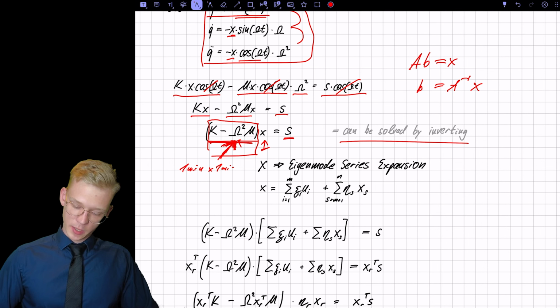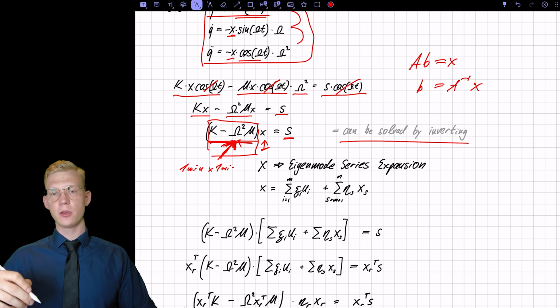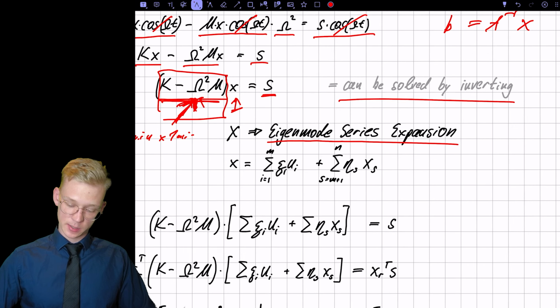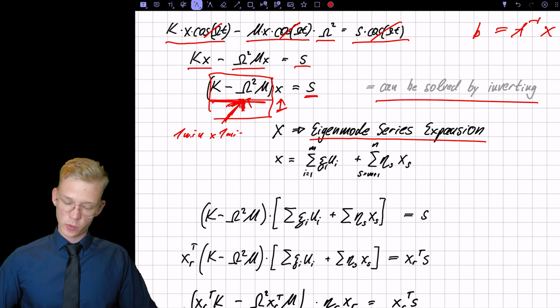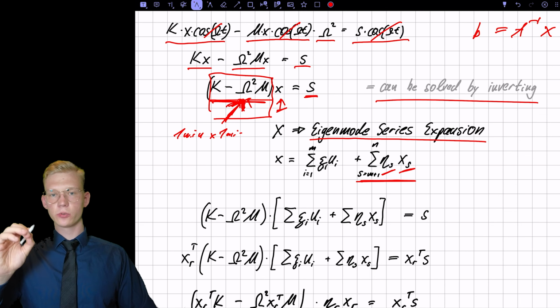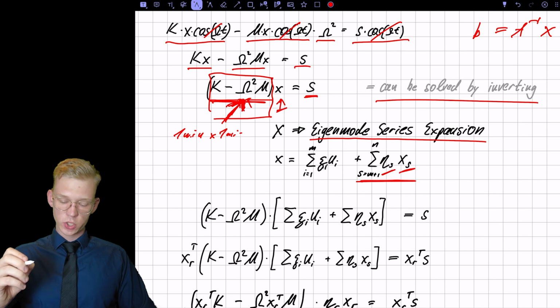So we want to get x, but we want to use the m and k orthogonality again. So we define our x as an eigenmode series expansion. Just like we had before, we have a sum of our eigenmodes and the time function, but this time we also consider the rigid body modes.